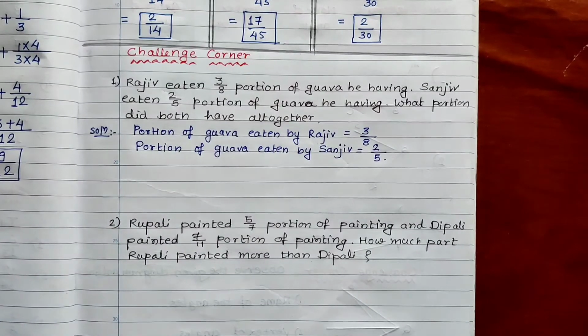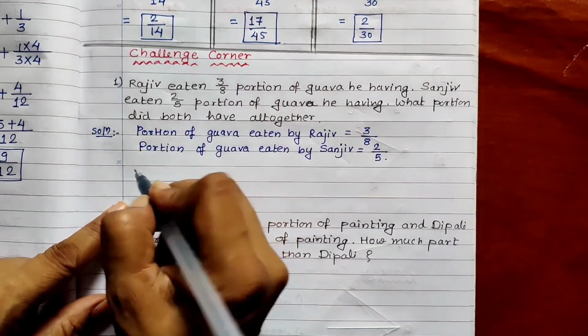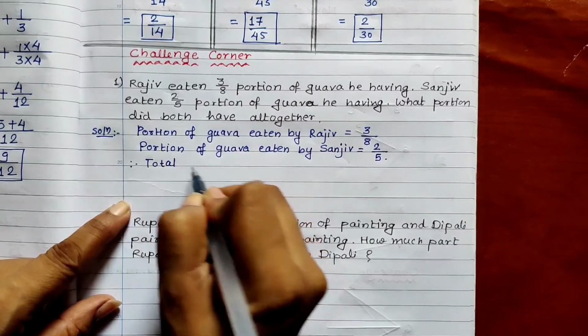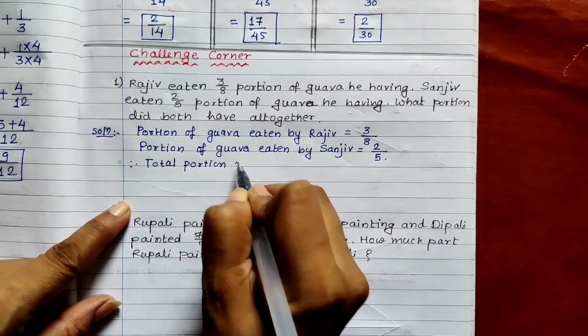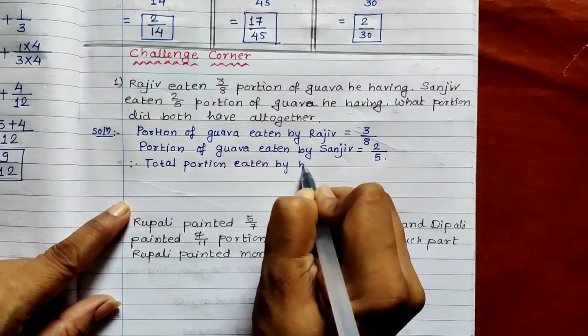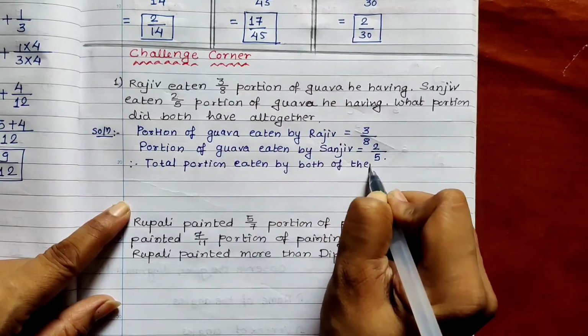Now see children, we have to find out all together how much portion they ate. So total portion eaten by both of them. What do we have to do?